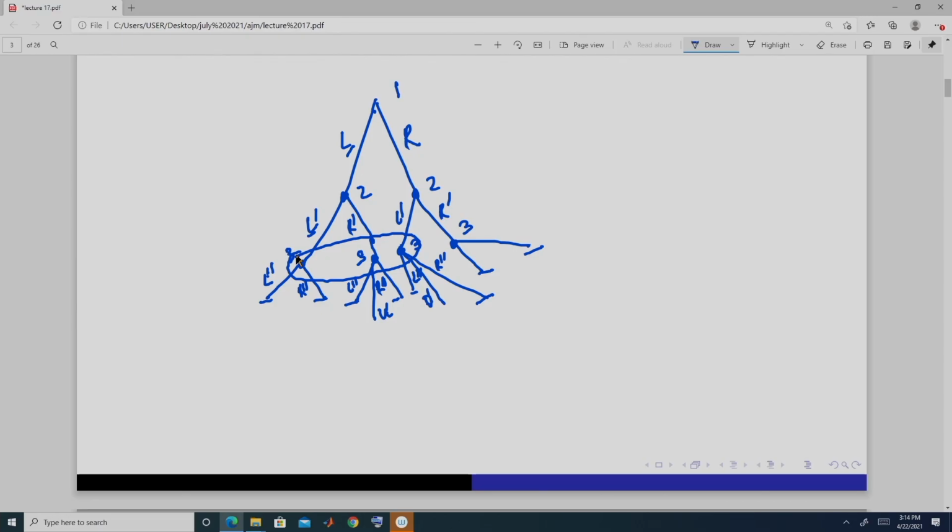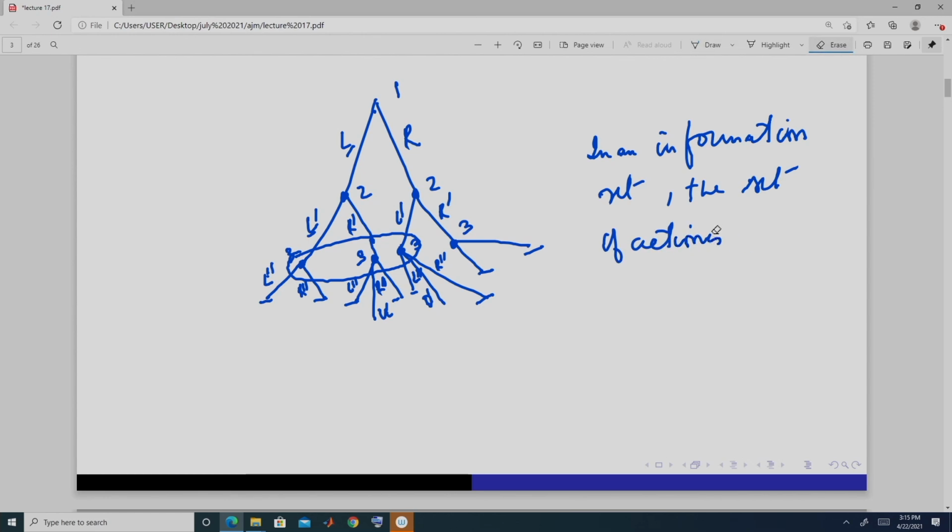So, for this reason, in an information set, the set of actions must be the same. Otherwise, it will no more be imperfect information, because player 3, even though it has not observed the actions, can infer the past actions from the set from which it has to choose an action.